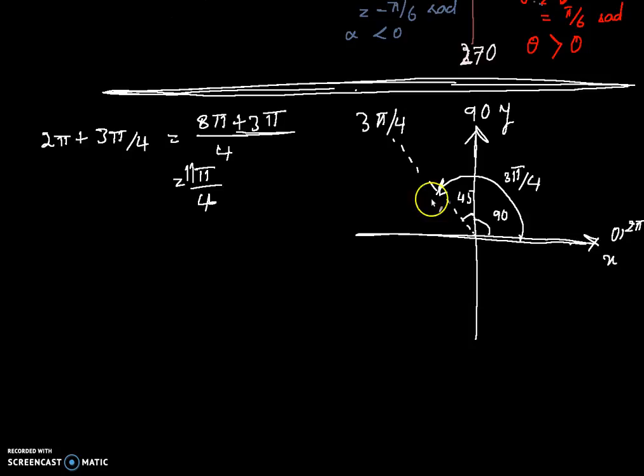So 11 pi by 4 would again end up at the very same place on your coordinate system. Starting from here, there is 1 revolution, you end up at 2 pi or 0, and then you go another 3 pi by 4, after which you end up at 3 pi by 4, the same thing.